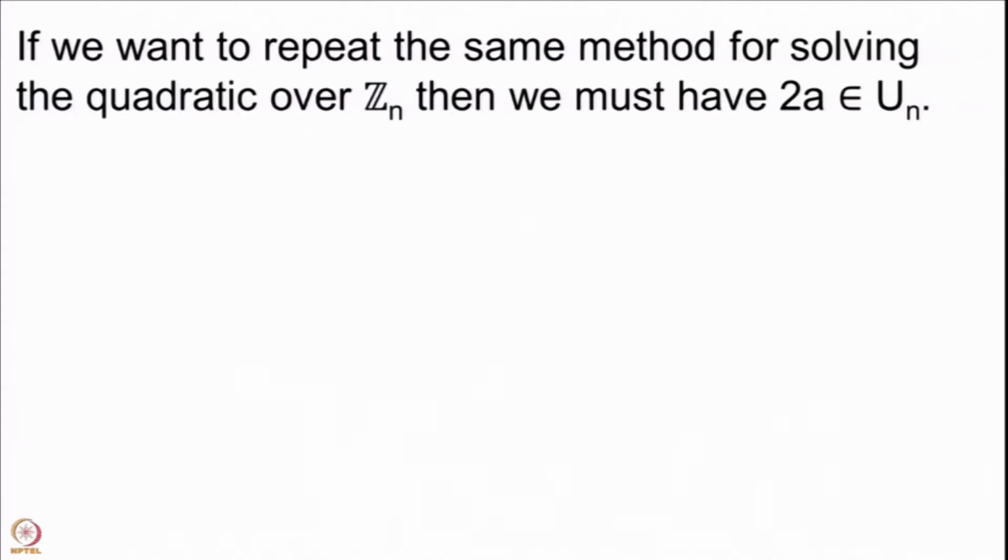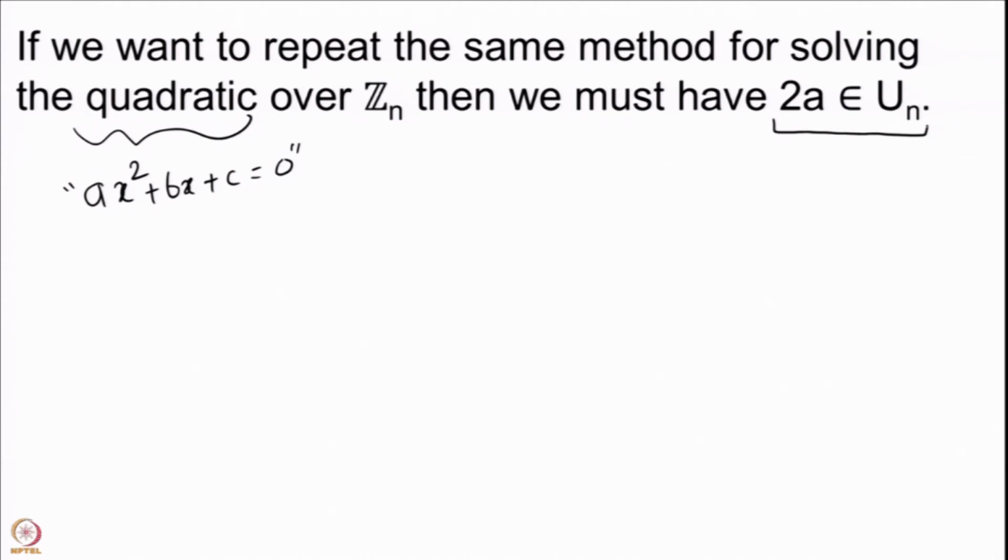So, if we want to repeat this same method for solving the given quadratic, remember the quadratic that was given to us, the quadratic is ax square plus bx plus c equal to 0. This is the quadratic equation that we want to solve over Zn. Then we must have that 2a is an invertible element.